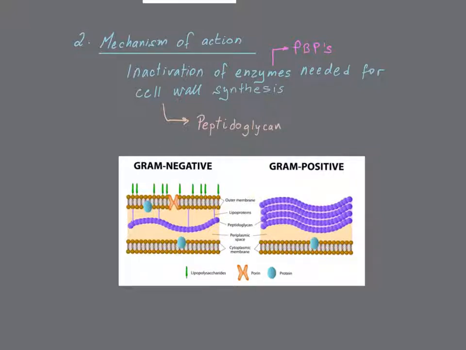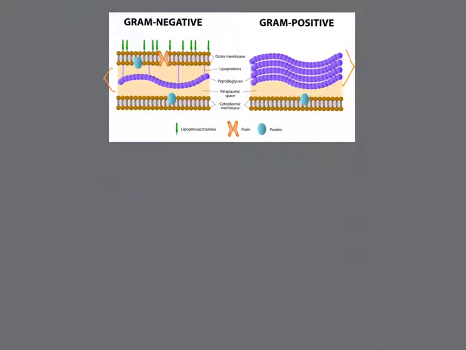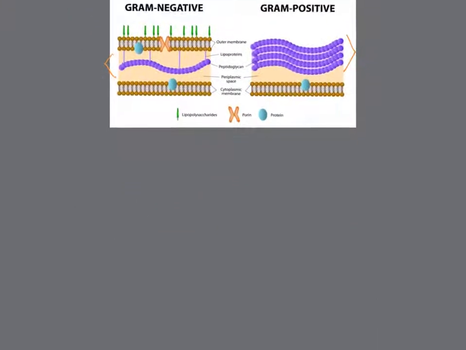As you can see, gram-positives have a very large cell wall composed of several layers of peptidoglycan, whereas in gram-negatives there's only one layer. However, beta-lactams are active against both gram-negatives and gram-positives. So that's the essence of the mechanism of action of the beta-lactams.